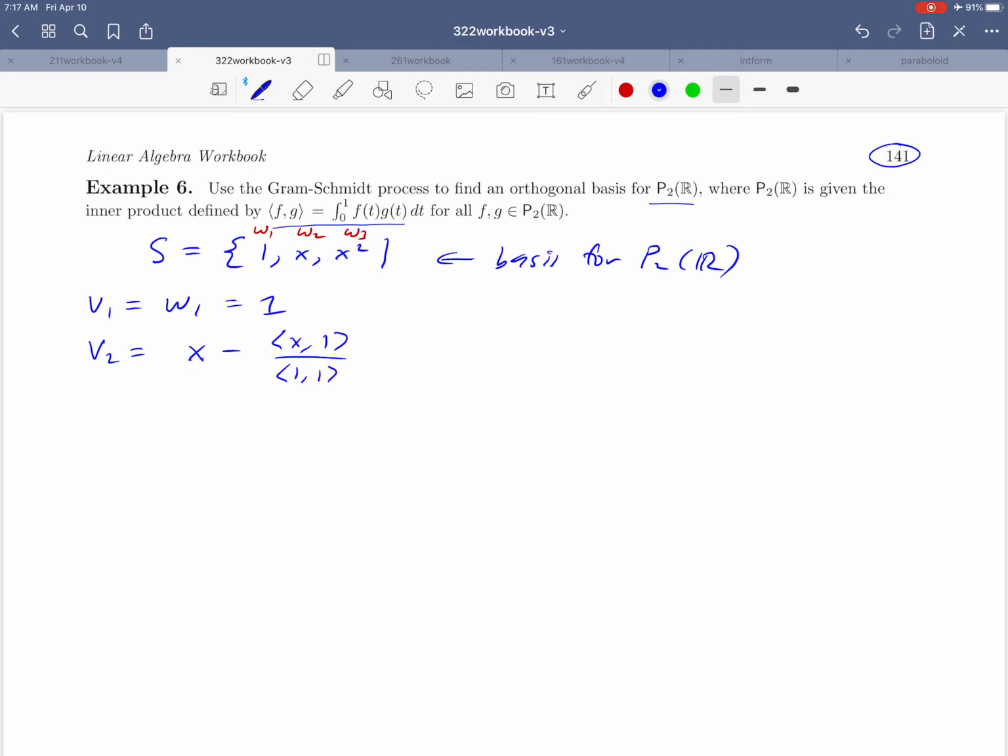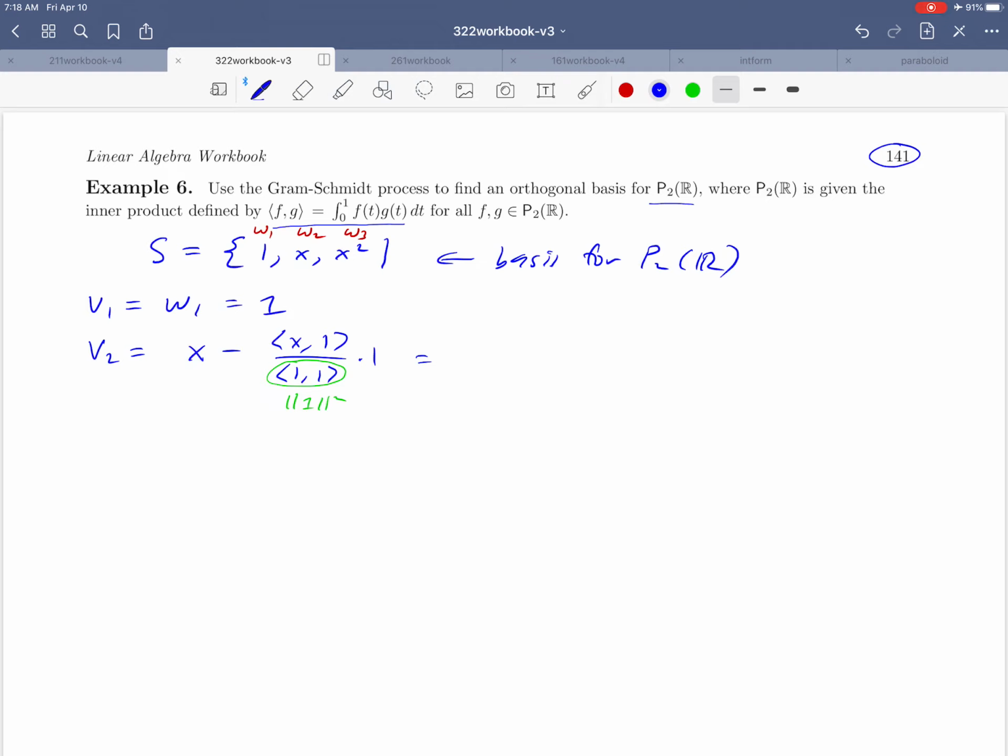This notation is just another way of writing the length of 1 squared, the inner product of 1 with itself, times V1, which is 1. That's the calculation that we need to do here.